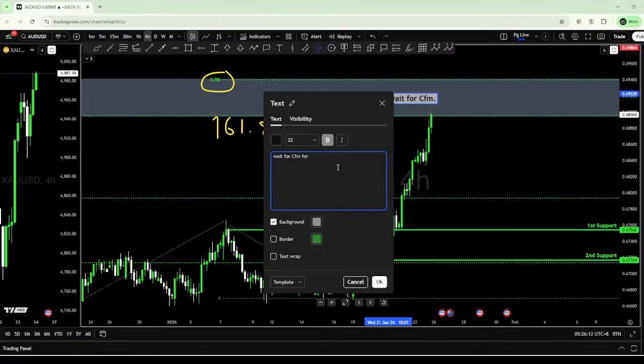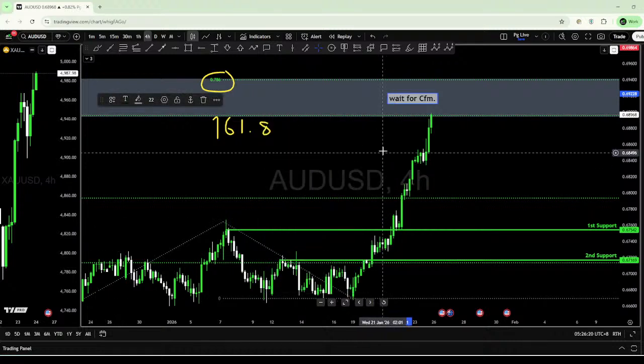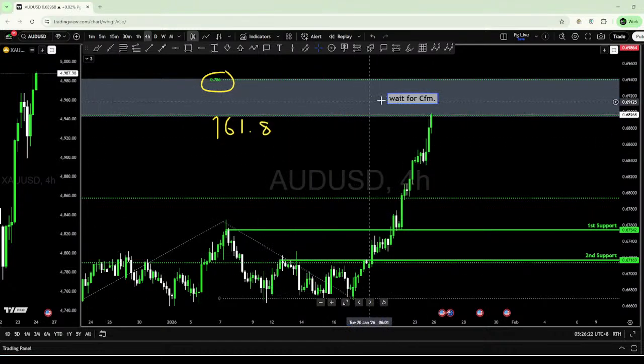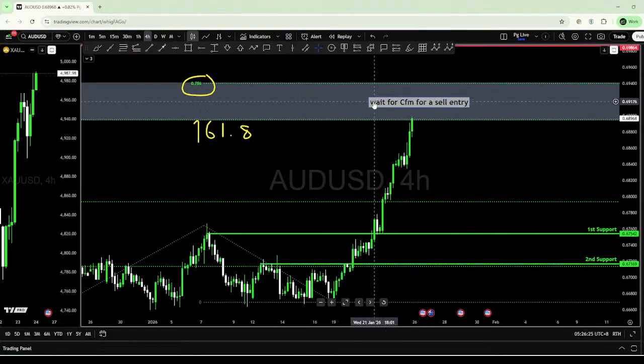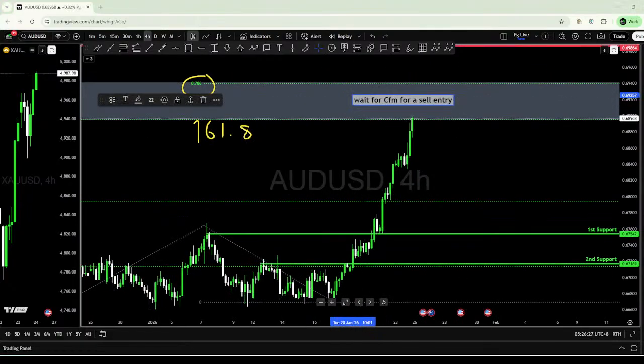Confirmation for a sell entry at this level, at this zone. Alright, so this is the Aussie.